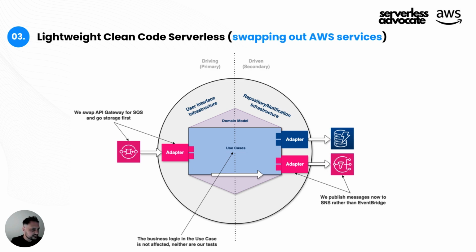So we can very easily, without changing any use cases, any tests, any secondary adapters, take out that adapter, plug in a new SQS adapter, and everything else remains the same because we've built it in a modular fashion. Now, say another requirement comes in that we no longer actually want to publish to Amazon EventBridge, we want to publish to SNS. Again, we simply swap out that adapter for an SNS adapter, and everything just works exactly the same.